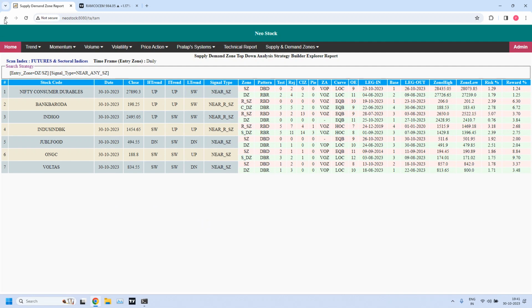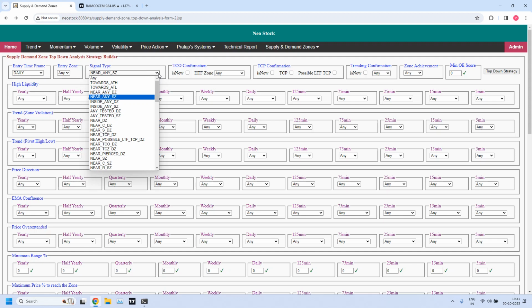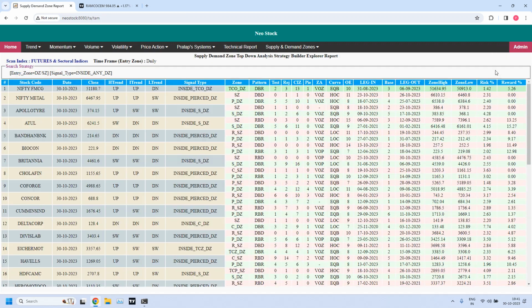Okay, let's move on. For entry time frame daily, let us filter the stocks which are closed inside the daily demand zone. We have a big list.